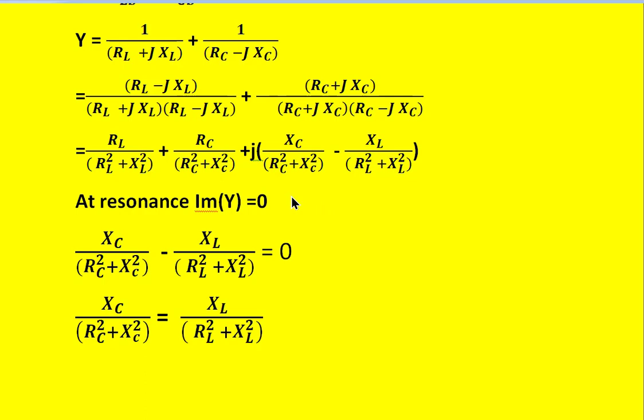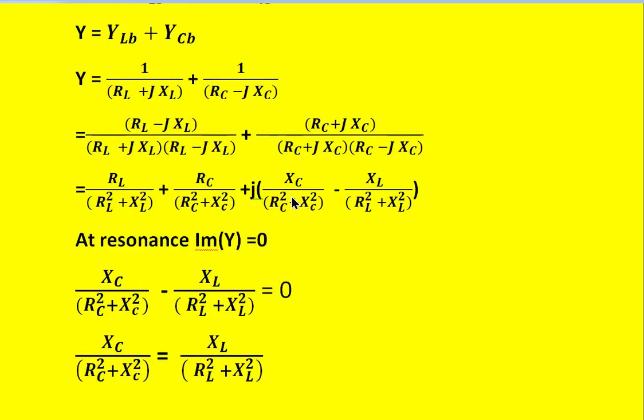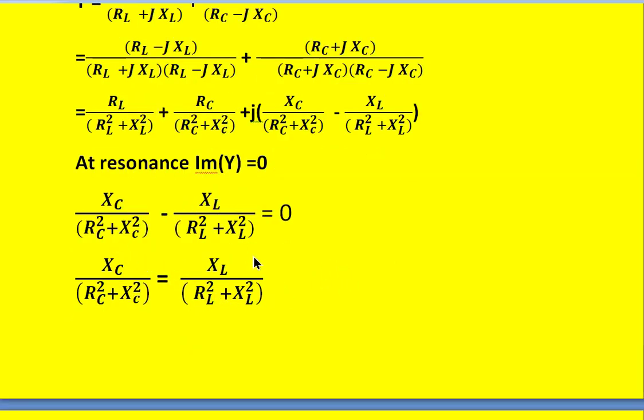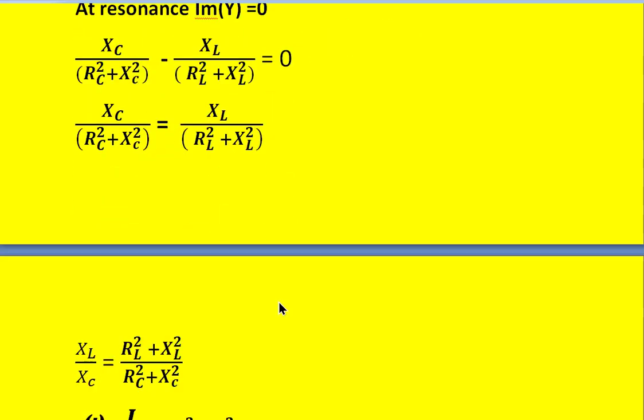As we know, at resonance the imaginary part of the admittance Y is equal to 0. So XC divided by RC square plus XC square minus XL divided by RL square plus XL square is equal to 0. Transferring to the right, XC divided by RC square plus XC square is equal to XL divided by RL square plus XL square.